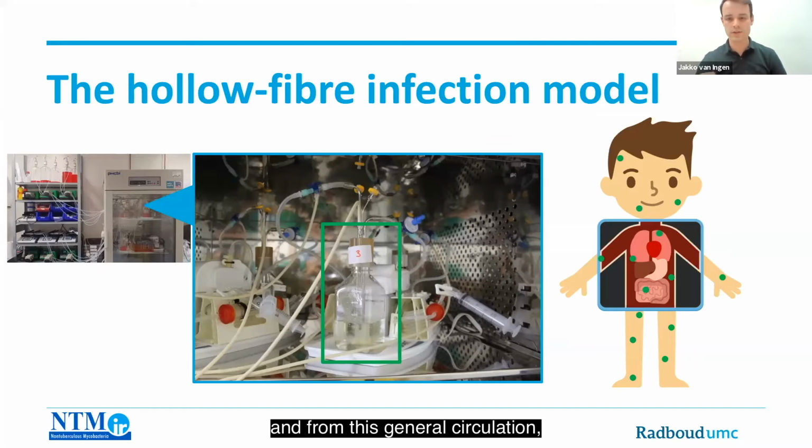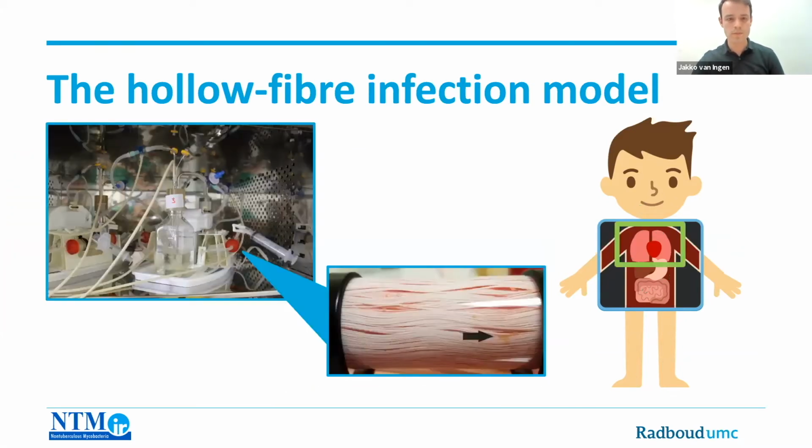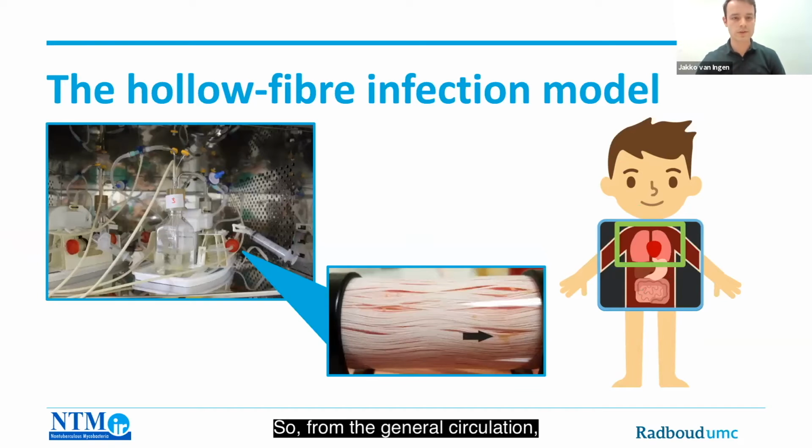From this general circulation, it expands to all of the body, for example also the head, but most important is the lung, because that is where the infection takes place. So from the general circulation, we pump it through these hollow fiber cartridges, we call them. This is basically a fake lung.